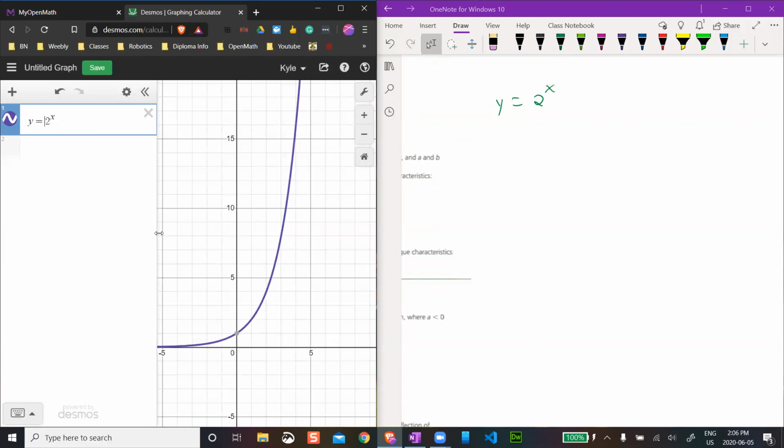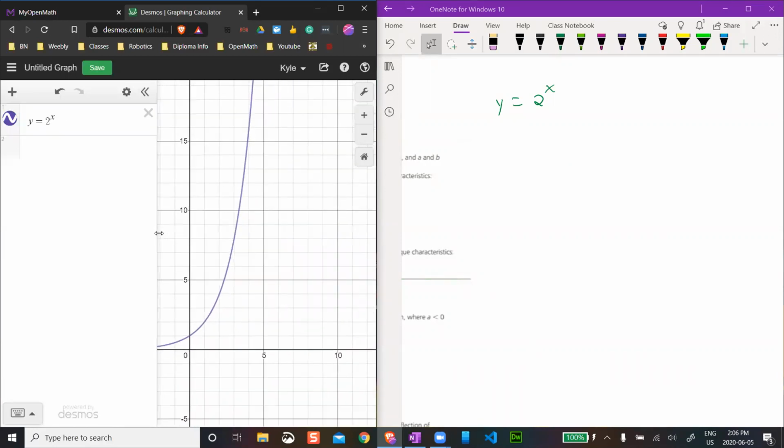So now we're going to start talking about the reciprocal function of this. I know reciprocal is a big word, but let's look at some points.